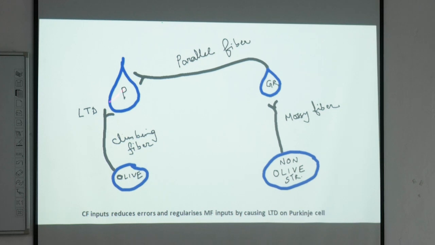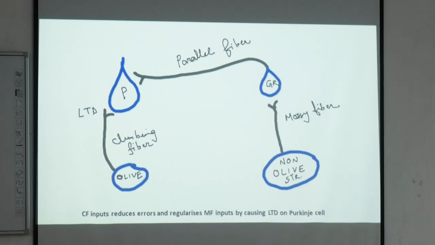In Purkinje cells you have some irregular spikes. If we directly place an electrode on the Purkinje cell and record the electrical activity, you will get some irregular spikes, and these irregular spikes are smoothened up with the input from the olive.